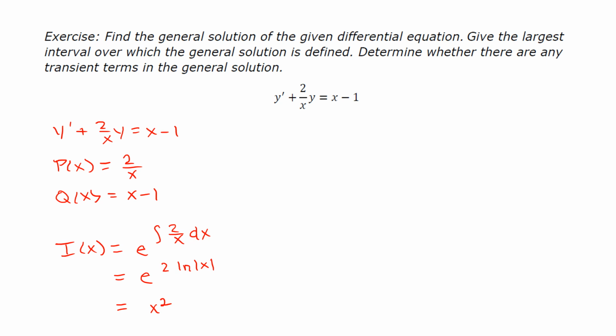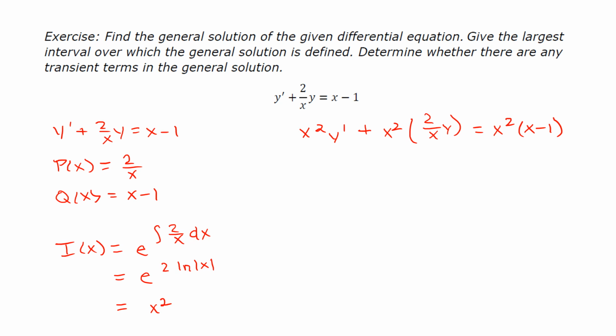So now that we have our integrating factor, we can multiply each term in our differential equation by our integrating factor. So we'll have x squared y prime, we're still at plus x squared times 2 over x y equals x squared times x minus 1.